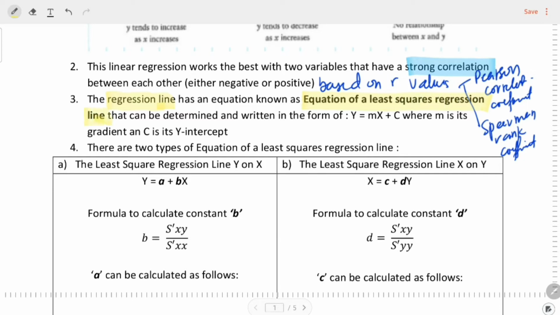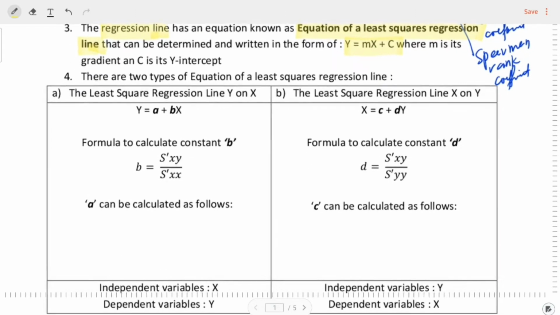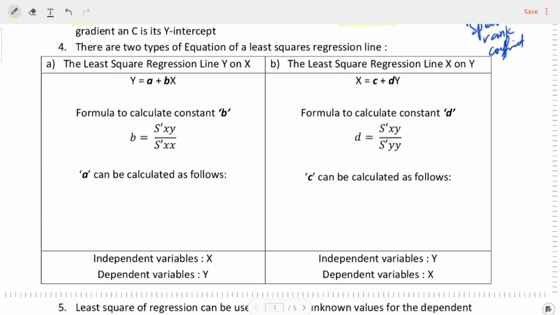It is a linear equation in the form y equals mx plus c, where m is the gradient and c is the y-intercept. This is based on the basics of a linear equation. But when you determine the types of least squares regression line equation, you will need different formulas, though they carry the same meaning.